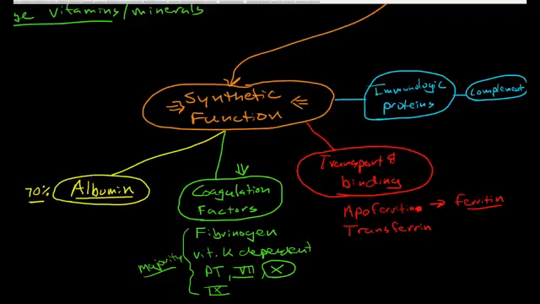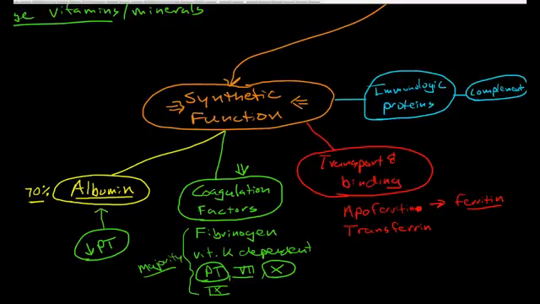with patients with liver disease is we look at prothrombin time. And it's not that prothrombin is the only important protein that the liver makes. It's that it is a marker for loss of all of these.